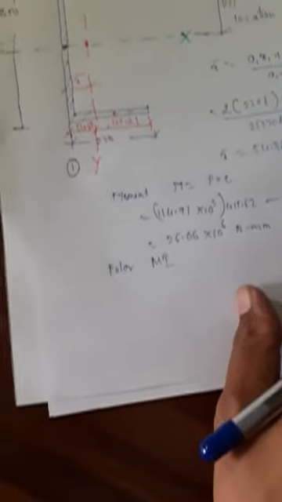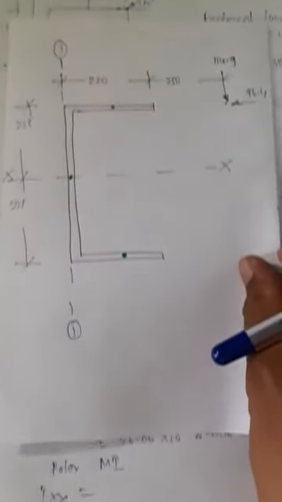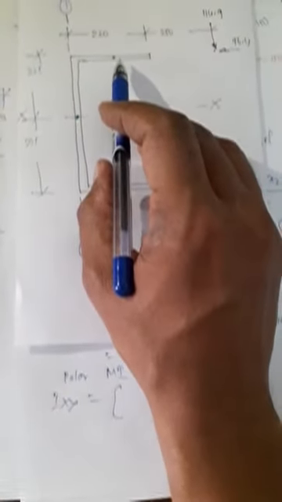Let me start with Ix. So moment of inertia of this section along X. This is another diagram which I have drawn for my reference. Along X, first let me start with element 1.